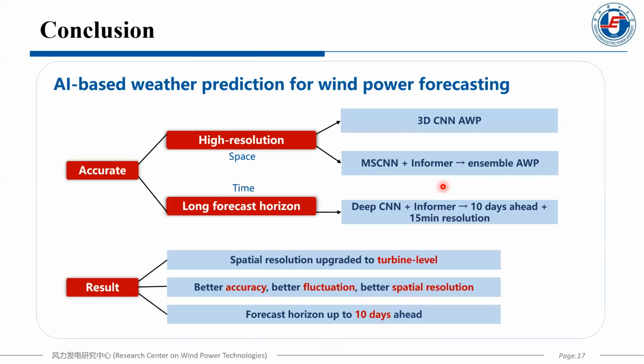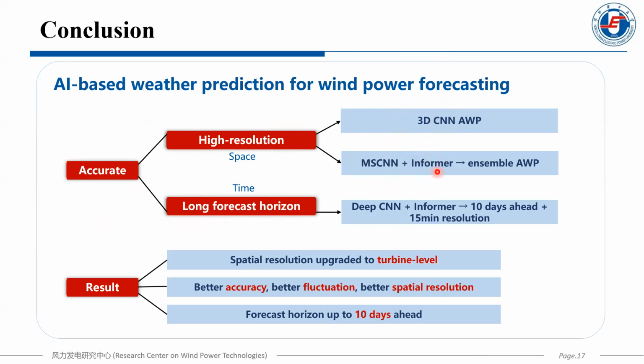Yes, the conclusion. We hope to use purely AI algorithms to help improve weather prediction from three perspectives: improving the accuracy, improving the resolution, and extending the forecast horizon. We tried different models and different technical routes, like mapping the global field to the wind measurement data.